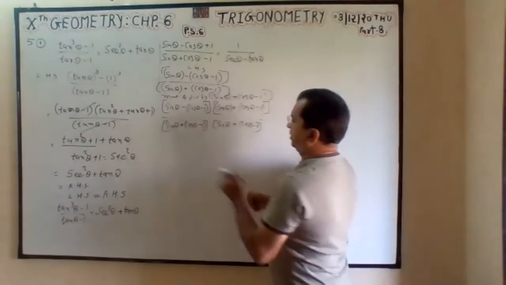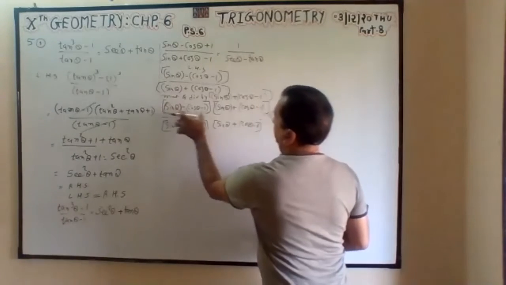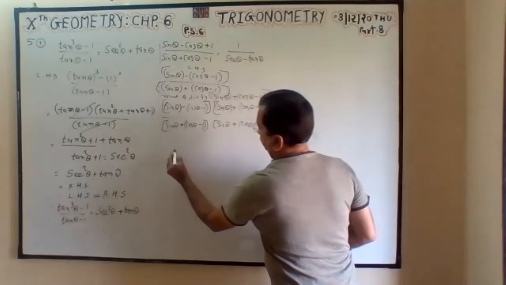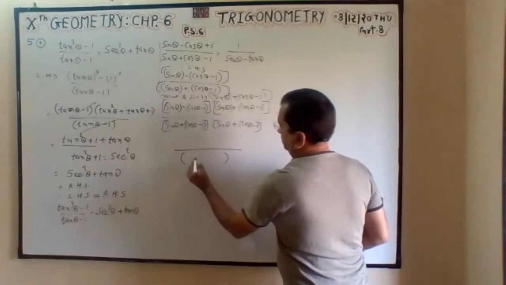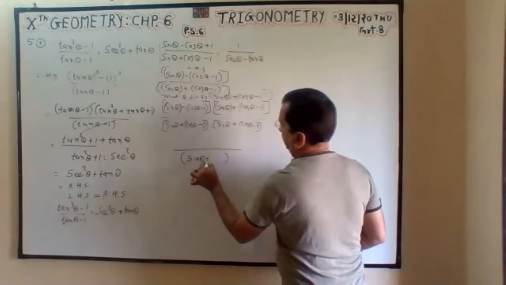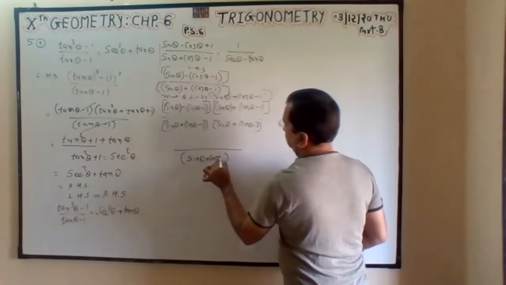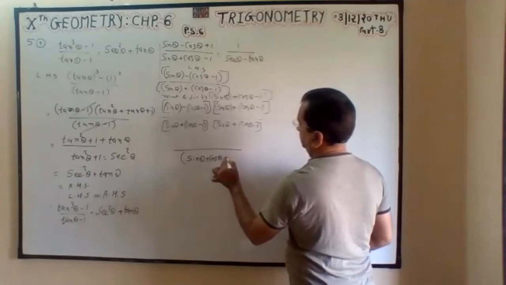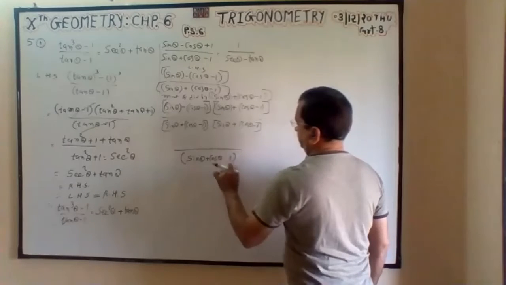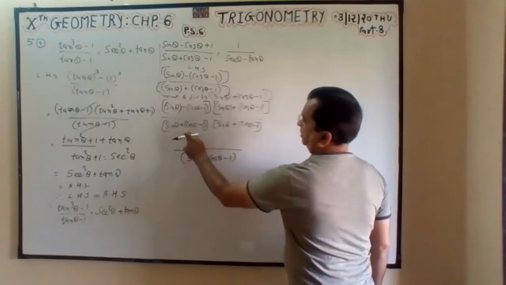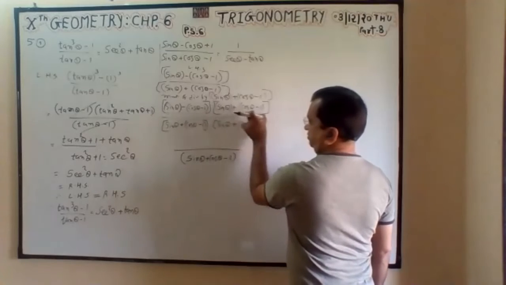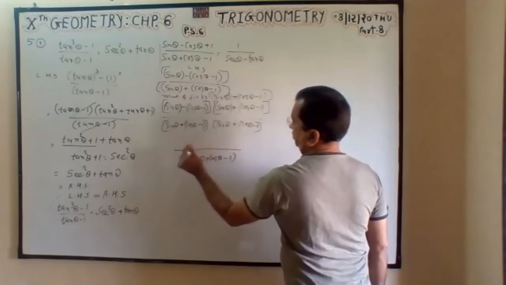Now the denominator is simple. It is a bracket into bracket, so bracket square: (sin theta plus cos theta minus 1) square. And outside, a minus b, a plus b, so a square minus b square.